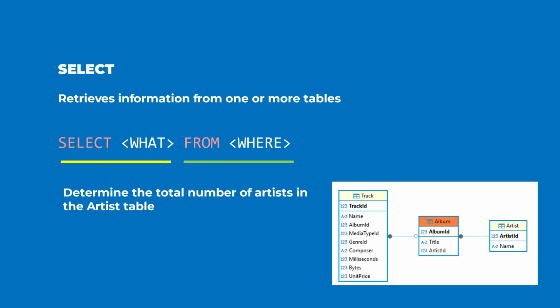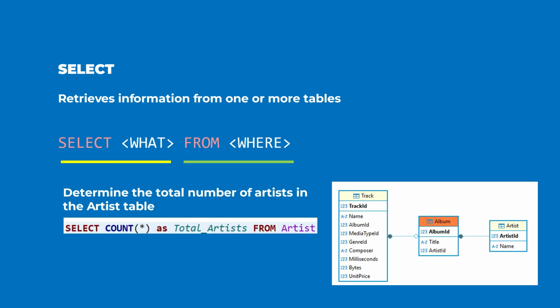Here, for example, we want to determine the total number of artists in the artist table. We can use select, and then we could say count, and in parentheses we could say asterisk, and then we are using alias as total artists from artist, and we have 275 artists in the artist table.